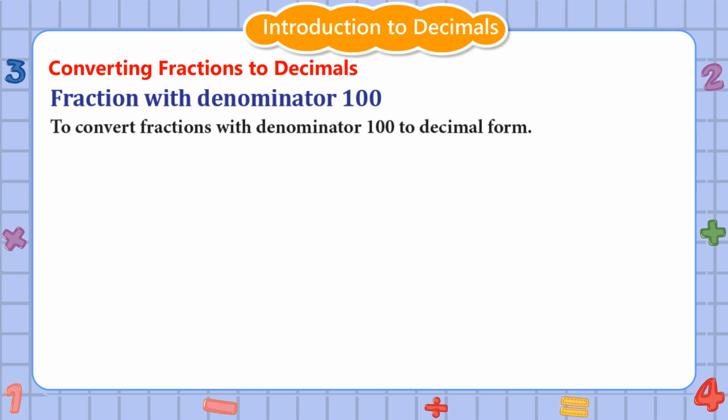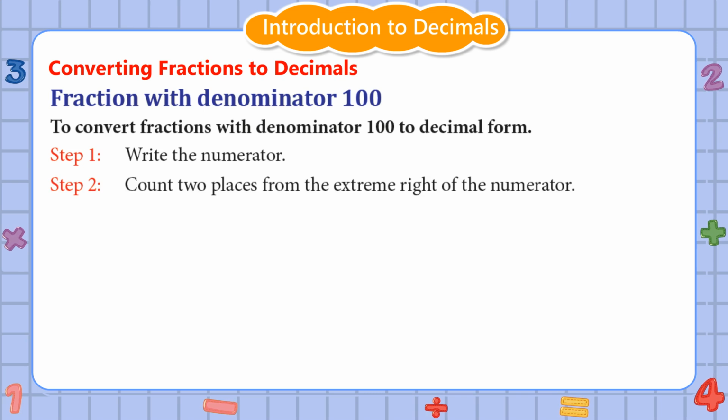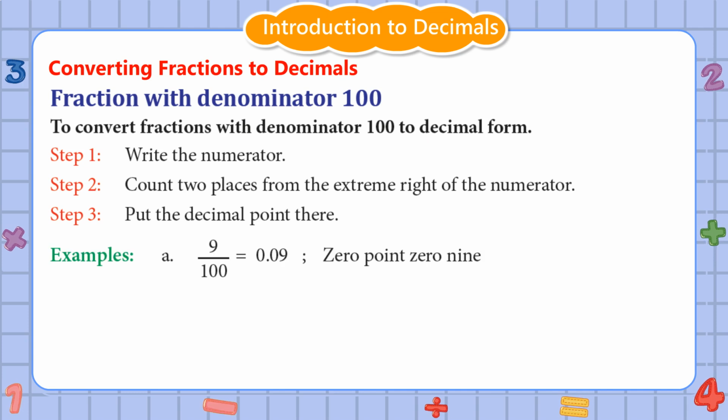Fraction with denominator 100. To convert fractions with denominator 100 to decimal form: Step 1. Write the numerator. Step 2. Count two places from the extreme right of the numerator. Step 3. Put the decimal point there. Examples. A. 9 upon 100 is equal to 0.09.